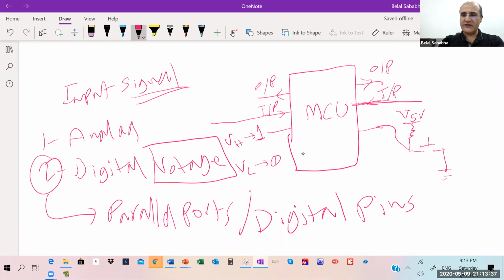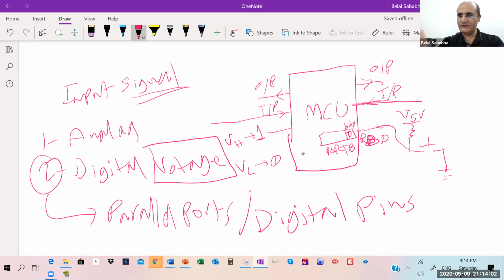And this pin is tied to a data register, right? To a pin, for example, if this was port B0, then bit 0 in the port B register will be 1 if the button is not pressed, will be 0 if the button is pressed.